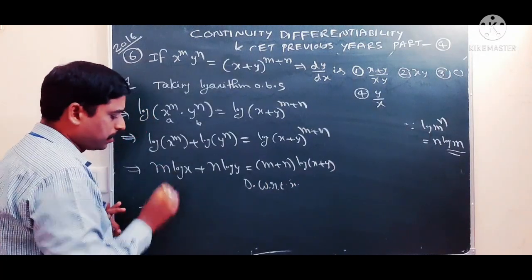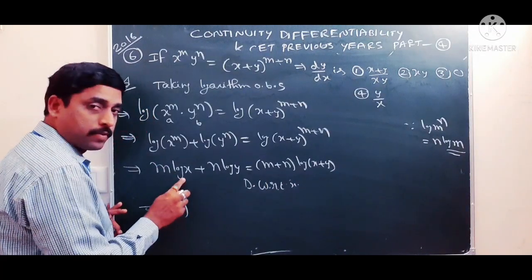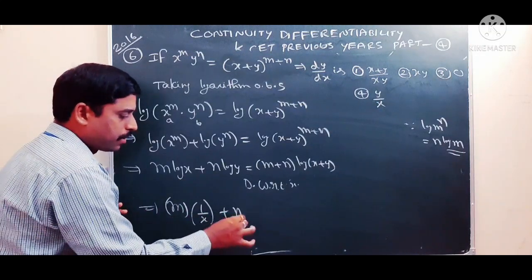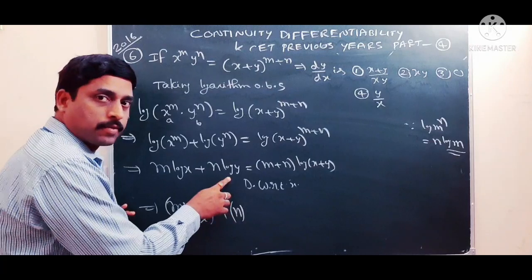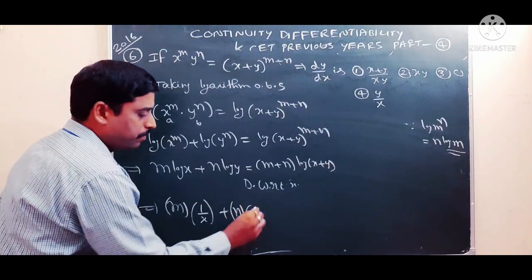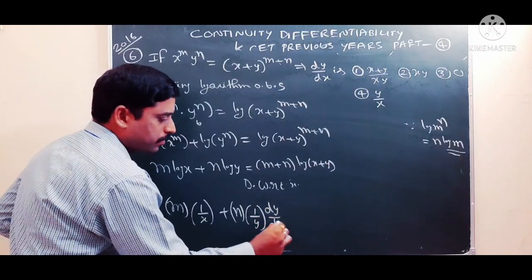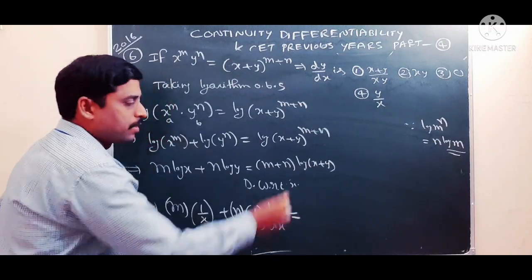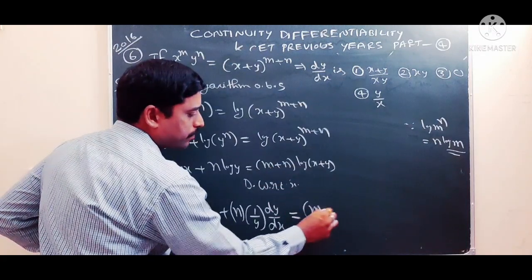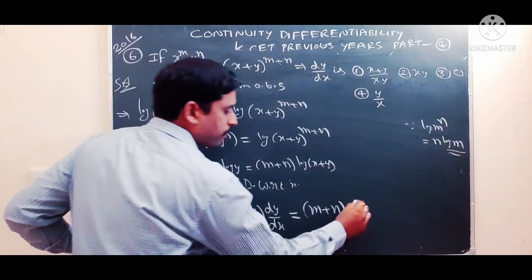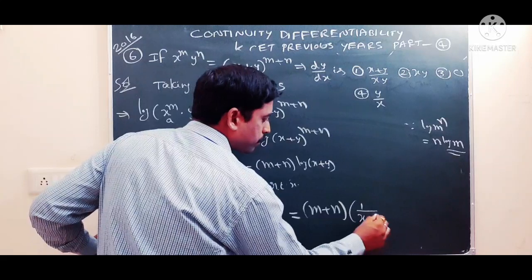So m is constant, derivative of log x would be 1 by x. N constant, derivative of log y is 1 by y, but y differentiation gives dy by dx. This will be m plus n constant, derivative of log (x plus y) is 1 by (x plus y).